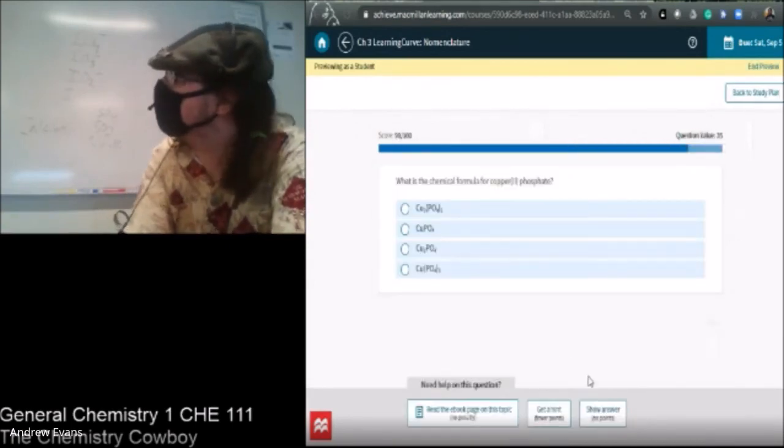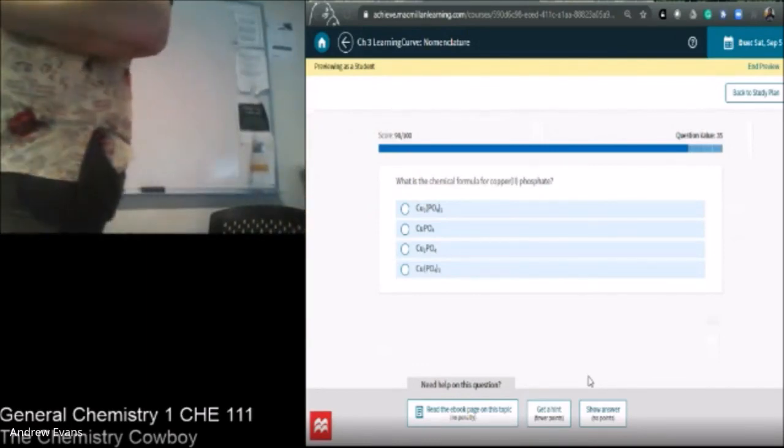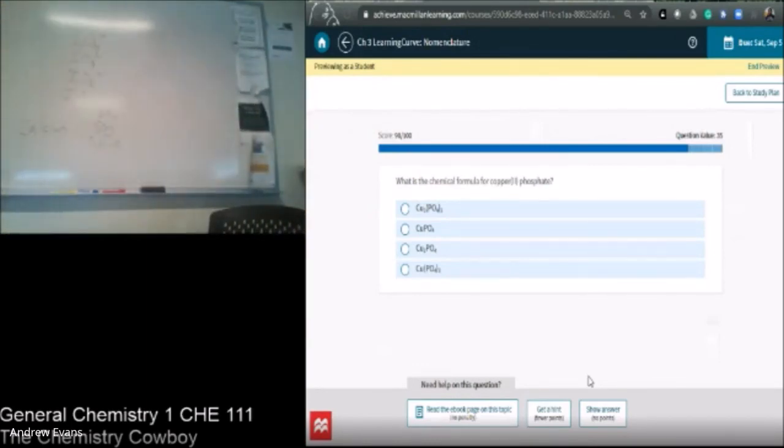And the last one, just to finish this off, would be like, which of these is going to be copper 2 phosphate? So copper 2, phosphate is PO4 3 minus. So 2 plus and 3 minus are not going to cancel out easily.